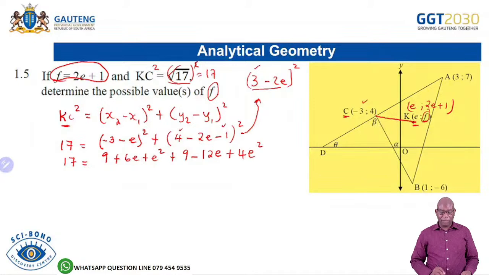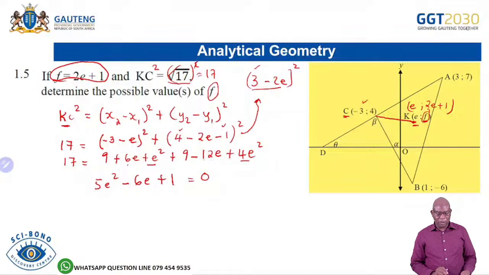So I can rearrange everything here. Then if I rearrange everything there, adding like terms and transposing, I'll end up with 5e squared minus 6e plus 1 equals 0. Because the e squared terms give me 5e squared, and then 6e minus 12e will give me minus 6e, and then 9 plus 9 is 18, and then I'll bring over the 17, 18 minus 17 is 1.